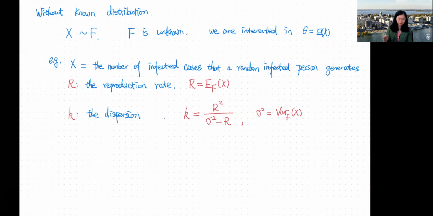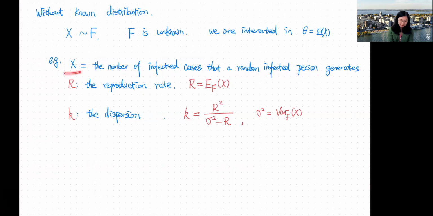So we want to know some aspect of the distribution, for example, the expectation. How do you do the estimation? Again, we can use the sample analog principle to come up with estimators. Let's consider an example that is relevant for the present time. Suppose that the X variable that we study is the number of infected cases generated by a random infected person of a virus, say the SARS-CoV-2 virus.